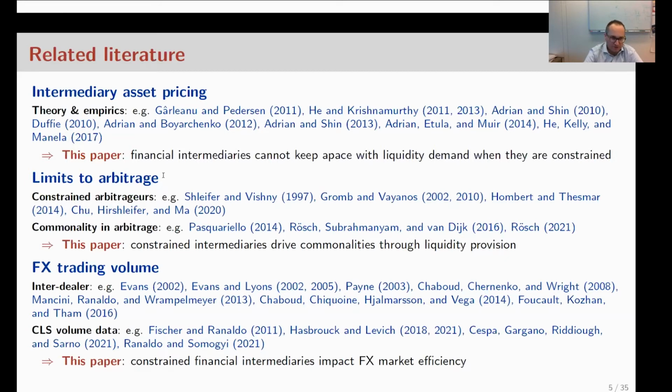So just to give an example, Hasbrouck and Levich have a bunch of recent papers where they're looking at CLS volume data, or also Cespa, Gargano, Riddiough, and Sarno. They're looking at CLS settlement volume data. And then also recent work by my co-authors, Angelo Ranaldo and Fabricius Somogyi, that has been looking at trading volume data.